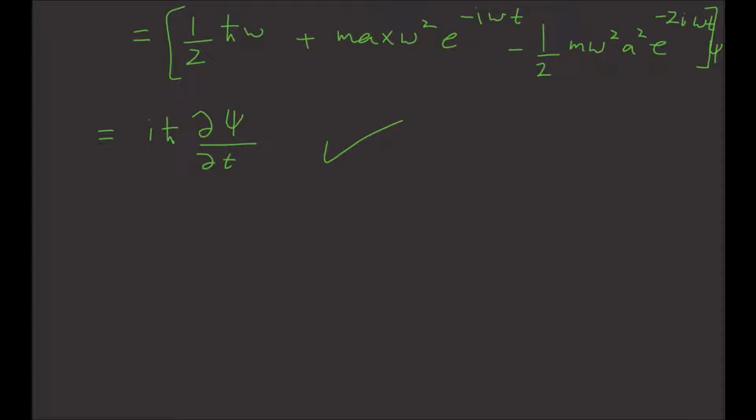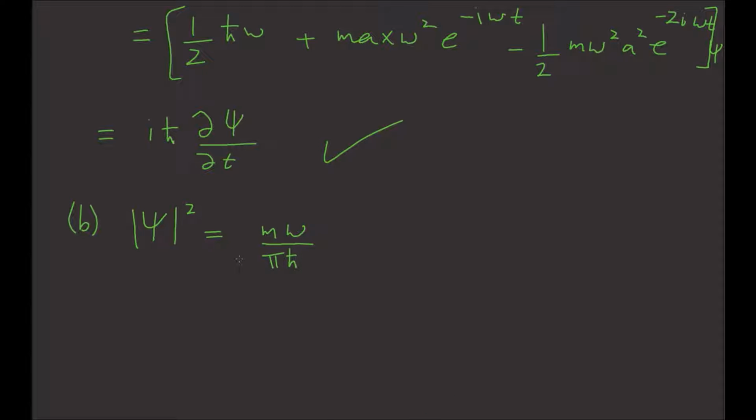So part B, we need to find the probability density. So that's psi star psi. It's going to be a little bit tricky, just bear with me. So now we have the fourth root of this term. We have it twice because we have psi star psi.